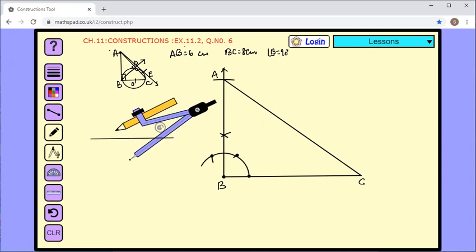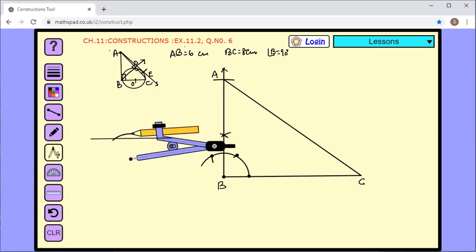From this point, I want to make perpendicular on this line. So I'll put the pointer of the compass here and open the compass so that it just crosses this line. And then I'll fix the radius and I will put an arc like this.